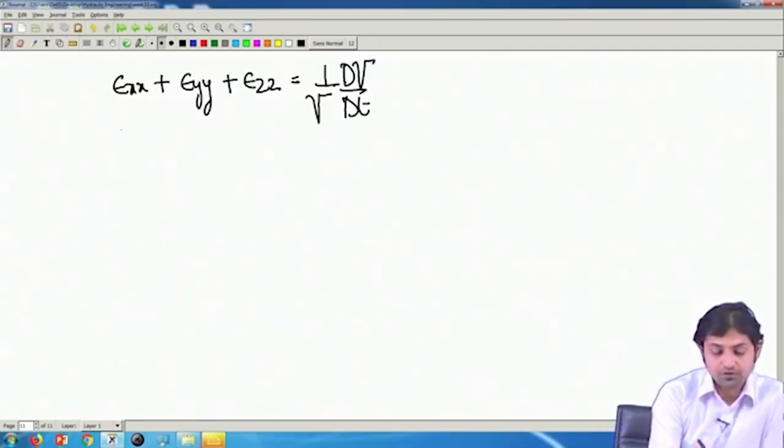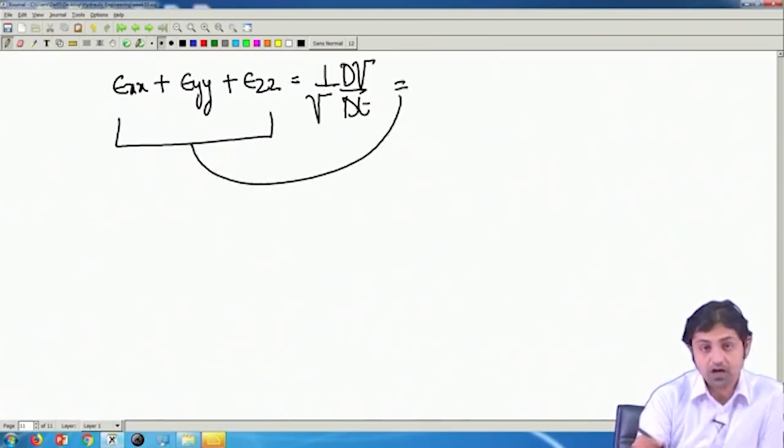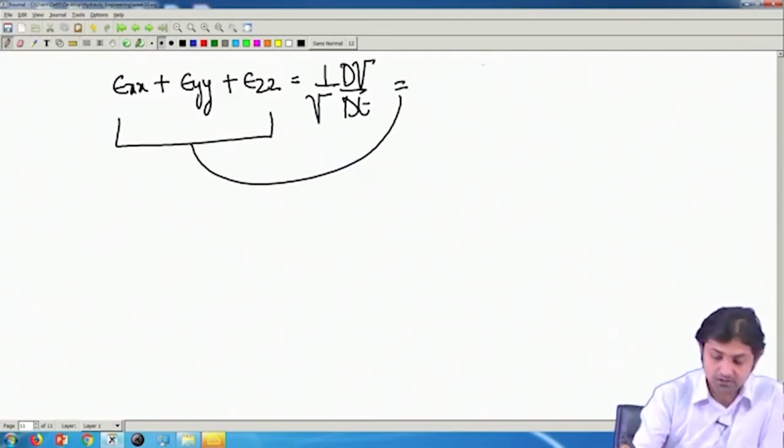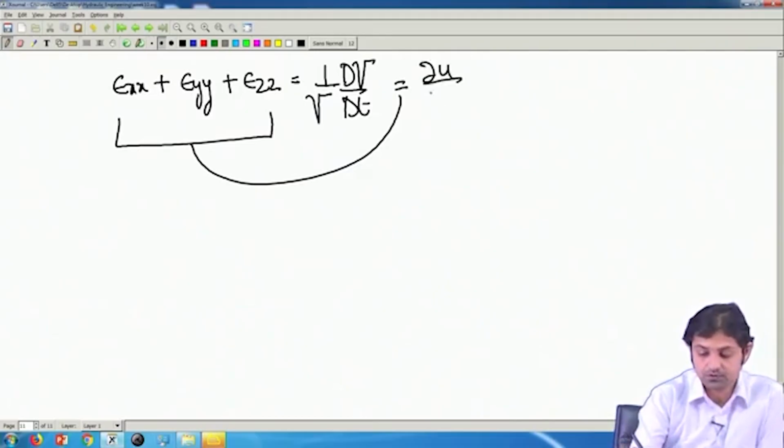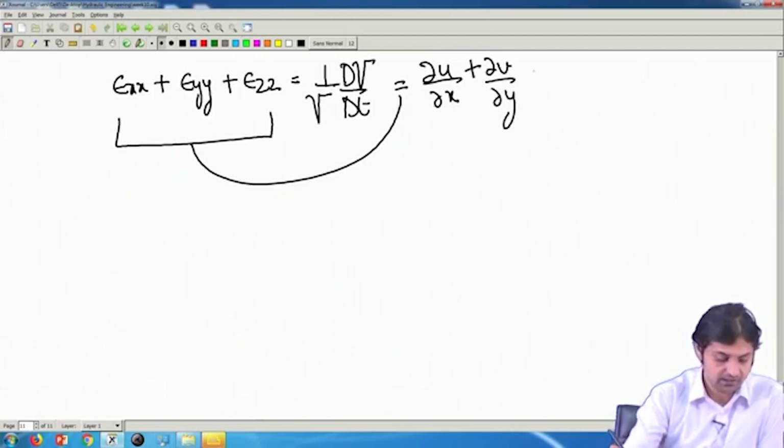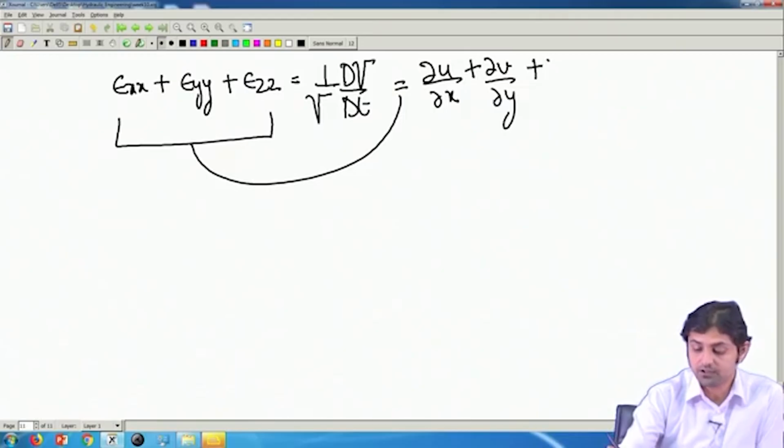So we also know that this is equal to, from our previous lecture's derivation, epsilon xx was del u del x, epsilon yy was del v del y, and epsilon zz was del w del z. This was what we actually had derived.